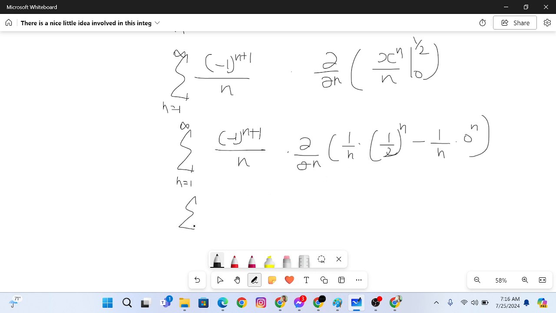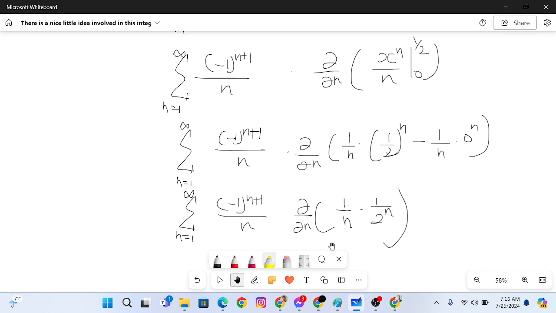So this is basically the sum of (-1)^(n+1)/n, and then the partial derivative with respect to n of (1/n)(1/2)^n, and minus 0 is not necessary to be written.